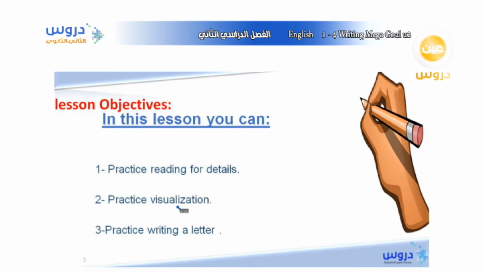We have some pictures about hockey, so you are going to recognize how to find information from pictures. Number 3, practice writing a letter. We have three kinds of letters: formal, semi-formal, and informal letters. We know how to divide our letter.